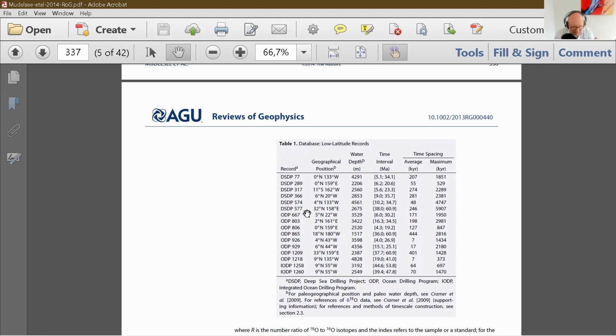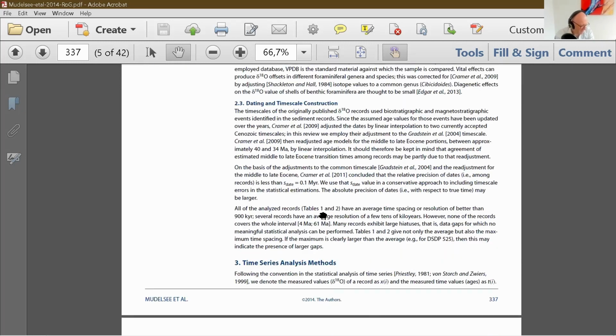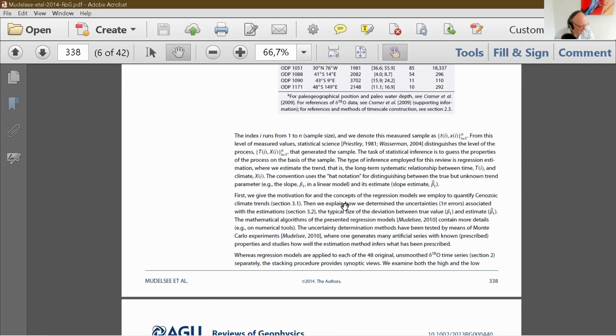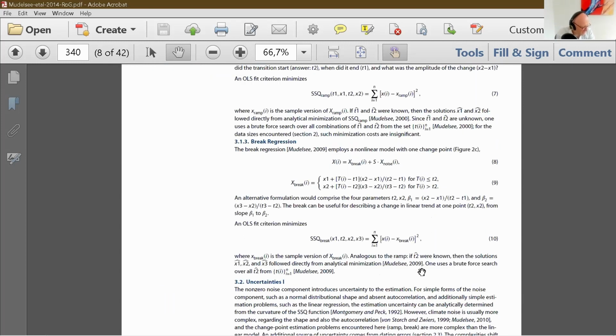So the idea is that authors can reproduce what I did, given the data and given the methods. So this is the data, and then I explained other data, and then I explained the methods. You know this already, the different models and the estimation.